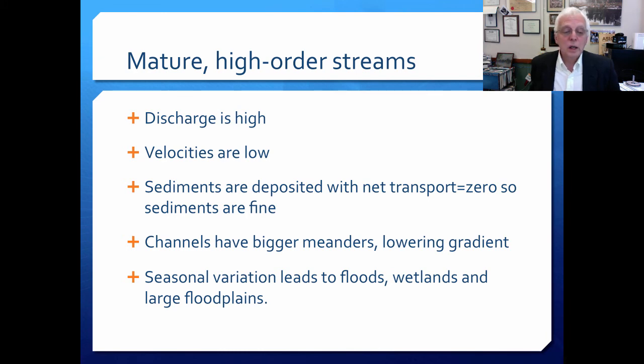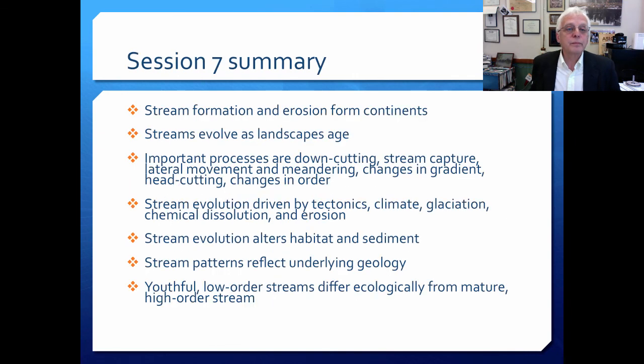So sediments tend to be quite fine in these mature higher order streams. And channels have very large meanders, and this lowers the gradient and flow rate and allows deposition of materials as well as meandering of stream channels across valley floors. Seasonal variation tends to lead to floods, wetland creation, and larger floodplains.